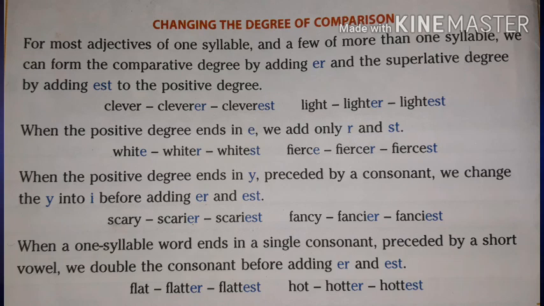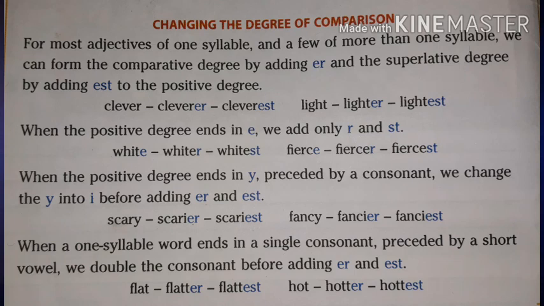When the positive degree ends in e, we add only r and st. No need to add er and est. For example, white, whiter, whitest. Fierce, fiercer and fiercest.